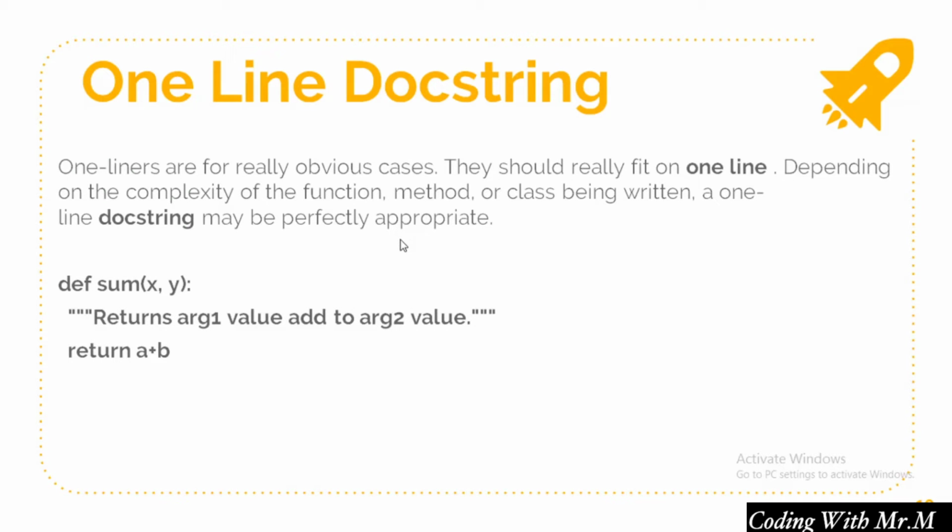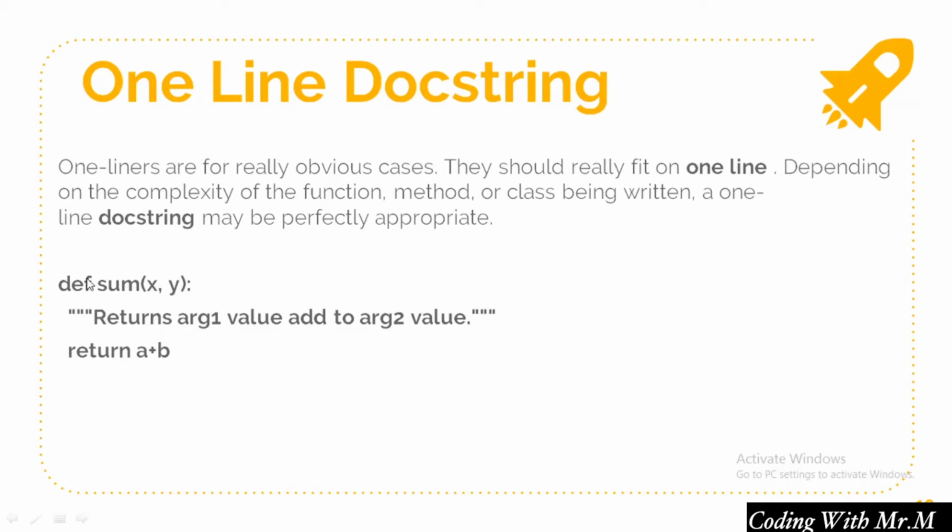Now there are 2 types of docstring: one-line docstring and multi-line docstring. One-line docstrings are for really obvious cases. They should really fit on one line. Depending on the complexity of the code, method, or class being written, a one-line docstring may be perfectly appropriate.